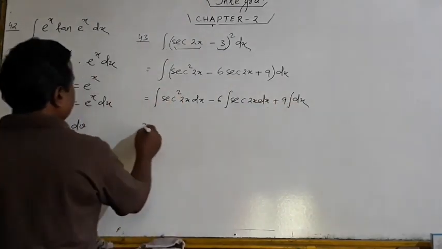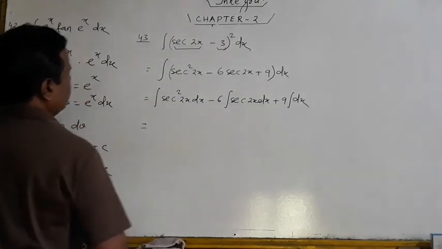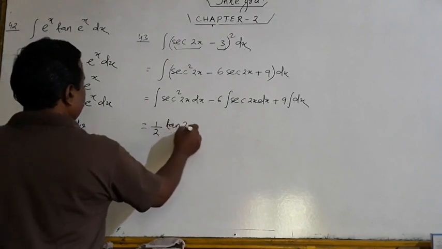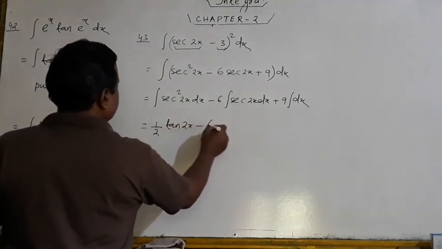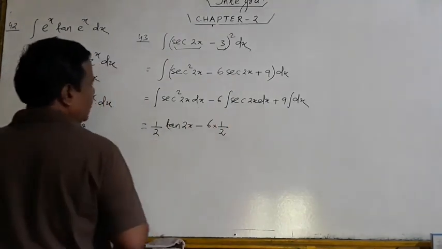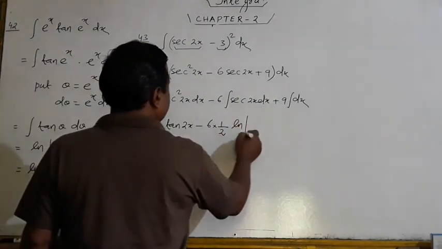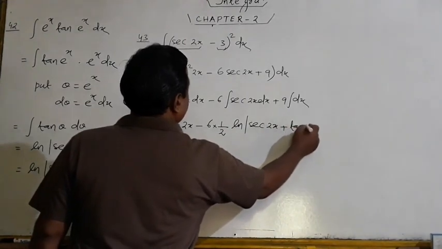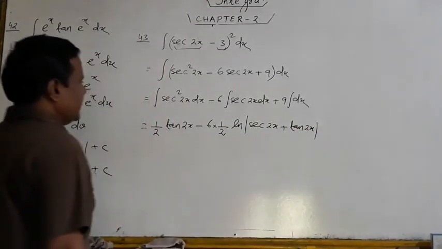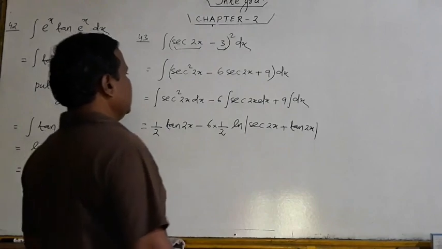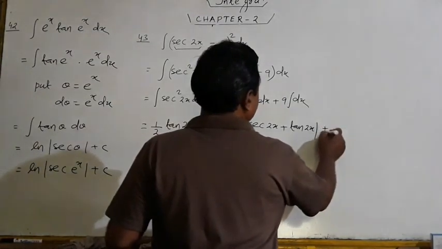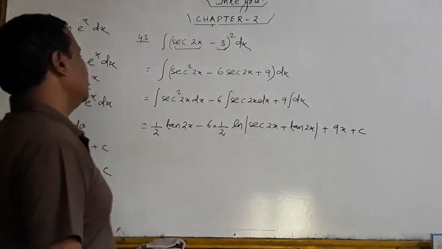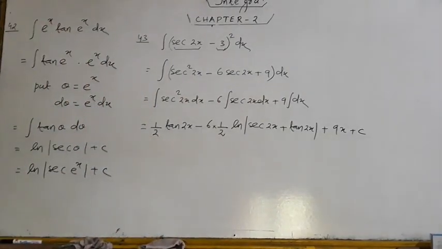What is the integration of sec² 2x? It is 1 by 2 tan 2x, minus 6 into 1 by 2 ln |sec 2x + tan 2x|, as the integration of sec mx is 1 by m ln |sec mx + tan mx|, plus 9x plus c. After simplification, you will get your answer.